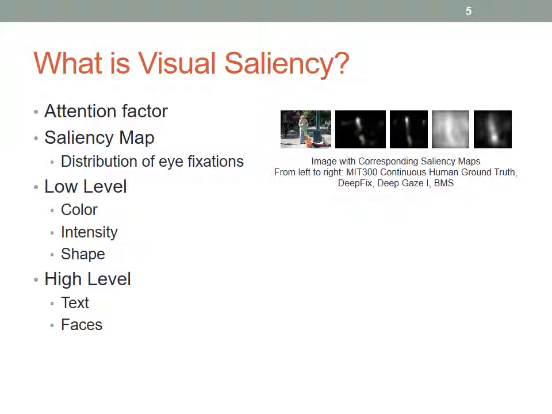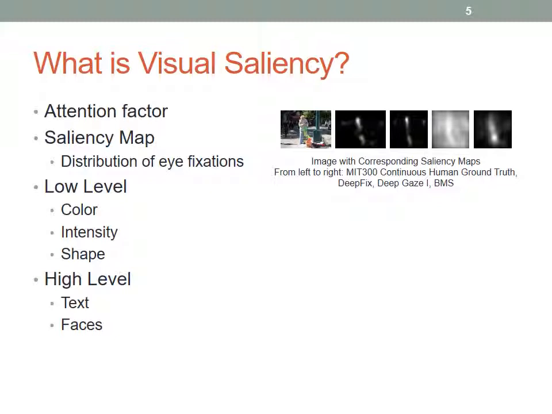There are two different types of features within images that visual saliency algorithms focus on. There's low level, which is color, shape, intensity, very low level attributes of an image that are typically seen in image processing. Then there's high level, which is more your text, faces, anything that's complex, things like signs.